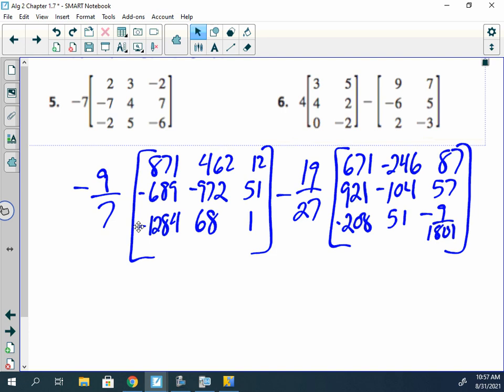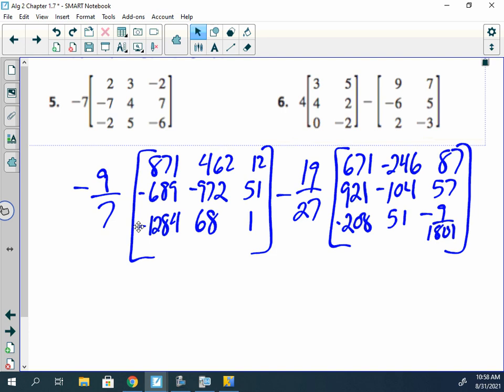871, 462, 12, -689, -972, 51. 1284, 68 and 1 minus 19/27, 671, -246, 87.